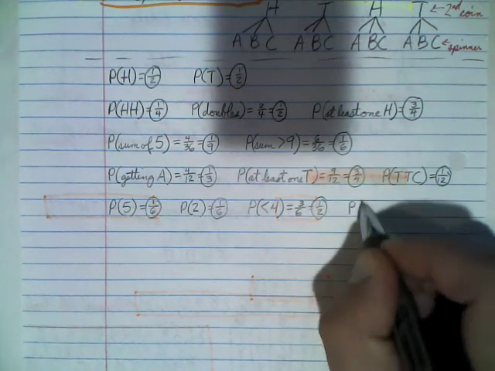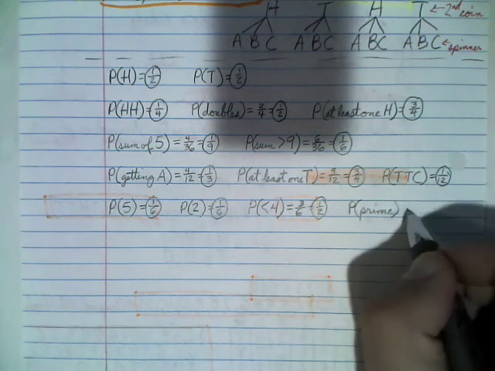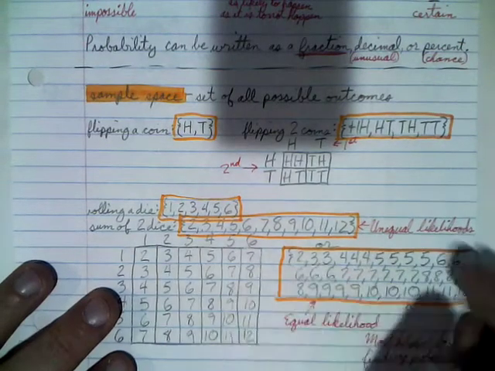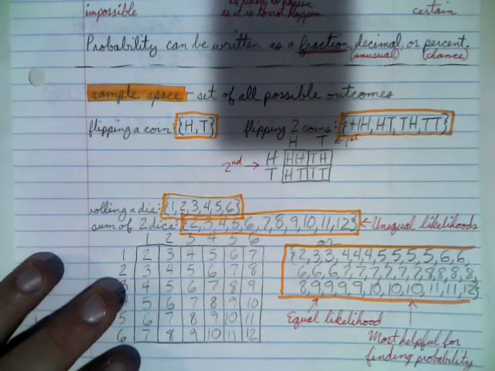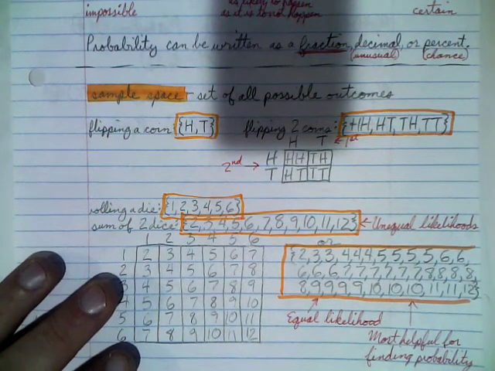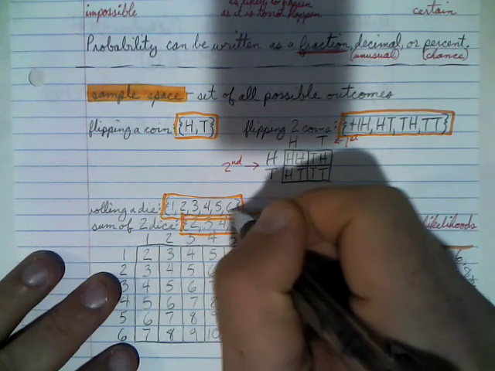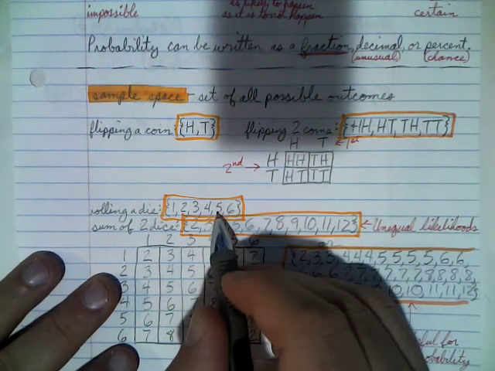If I asked you the probability of rolling a prime number, I would imagine many of you would take a look at the sample space and tell me that it is 4/6. And unfortunately, you'd be wrong, which is why I wanted to bring this one up. Remember that a prime number is defined as a number that has exactly 2 factors. So 6 has 1 and 6, 2 and 3. That's got 4 factors. That's definitely not prime, it's composite. 5 only has 1 and 5.